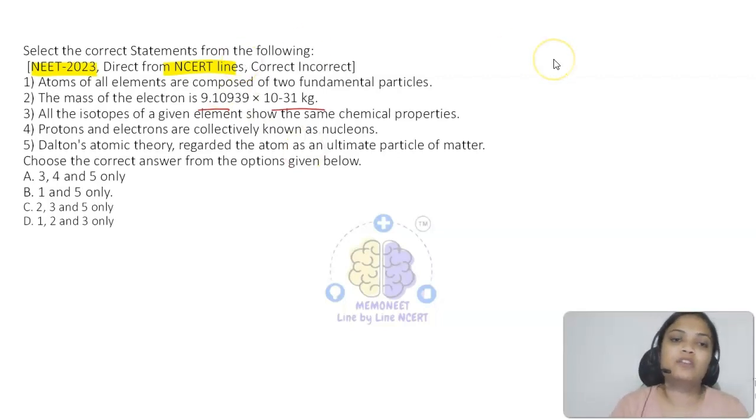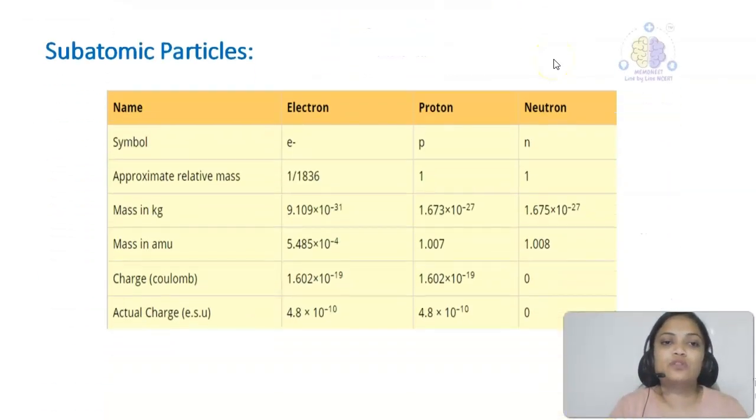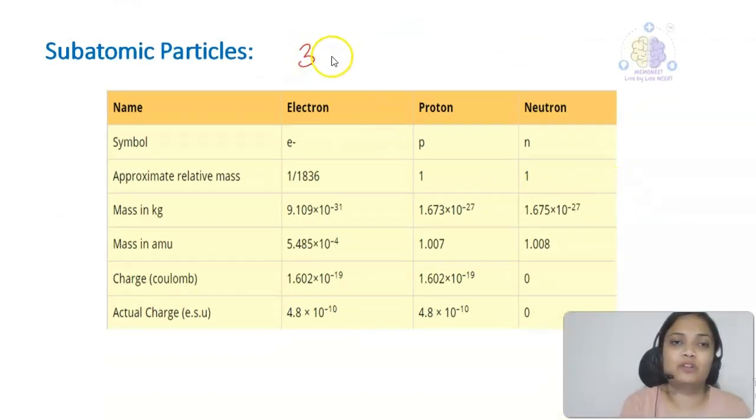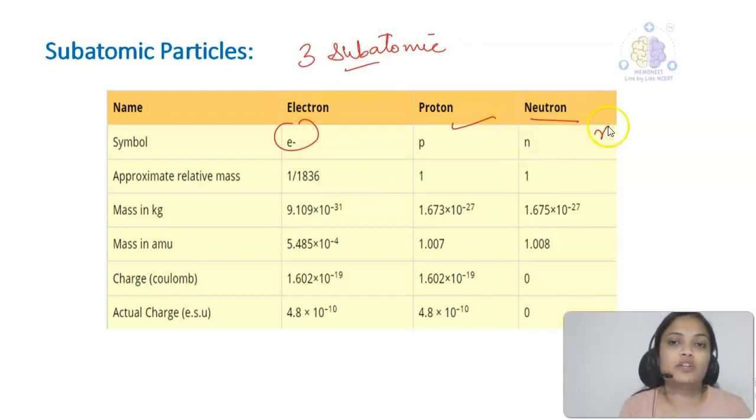If I talk about the fundamental particles, students, we actually have 3 subatomic particles. Electrons, which are negatively charged, protons, which are positively charged, and neutrons, which are neutral particles with no charge. These are the masses given here.